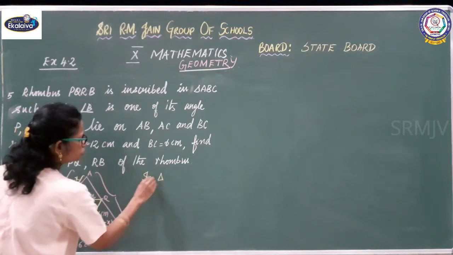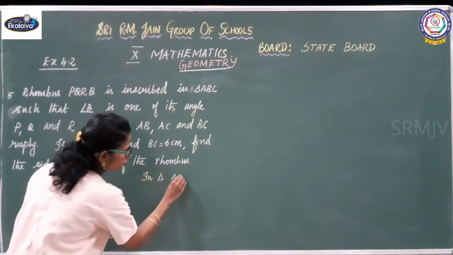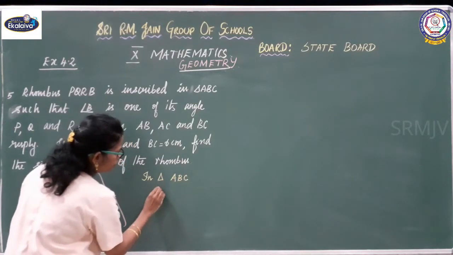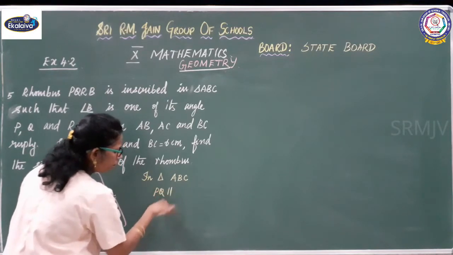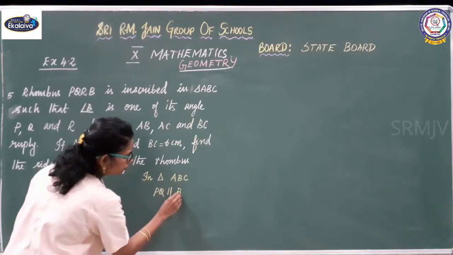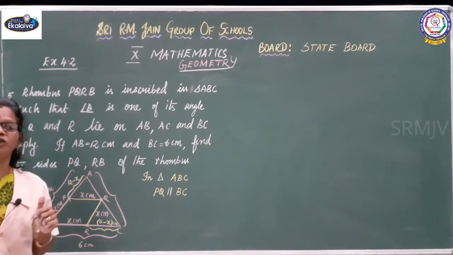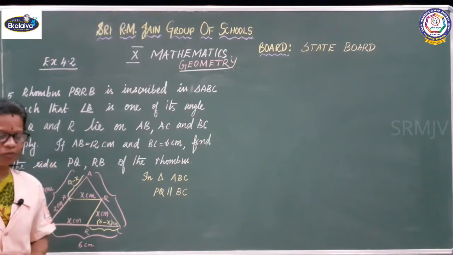In triangle ABC, PQ parallel to BC. Okay, PQ parallel to BC you said. Then immediately what should come to your mind, children? Yeah, Thales theorem, right?